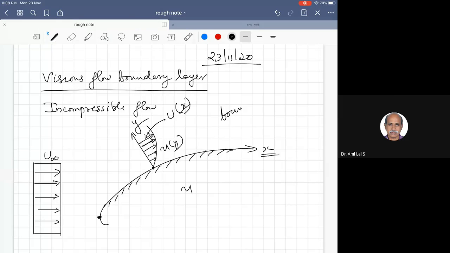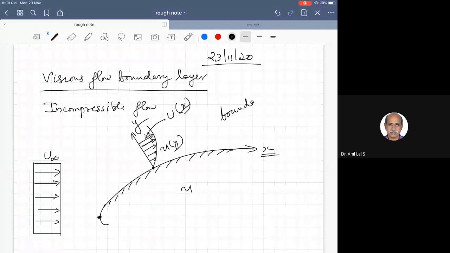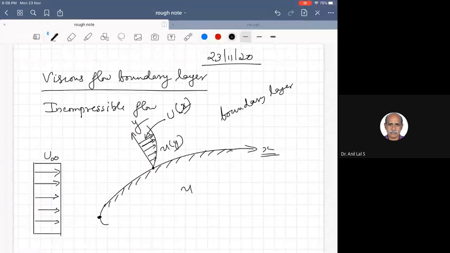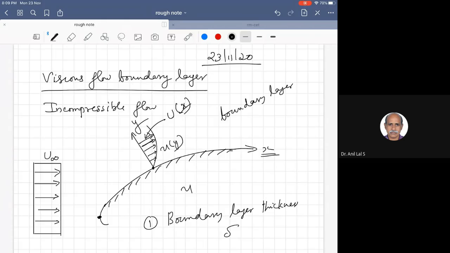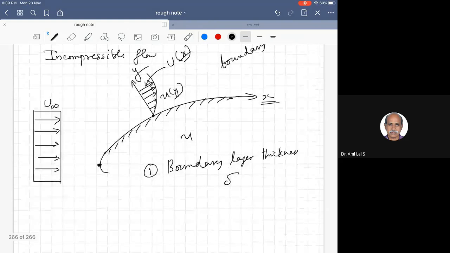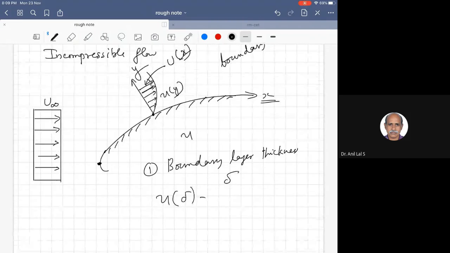And the first parameter related to the boundary layer is boundary layer thickness. It is denoted by delta, and delta is the distance such that u at delta becomes equal to 99% of the potential velocity.